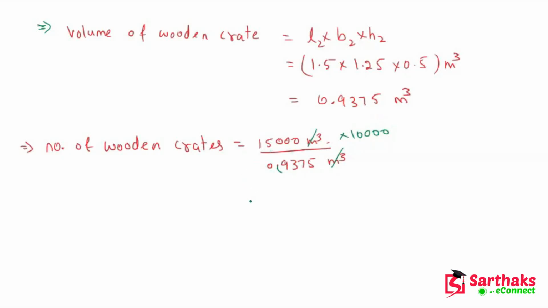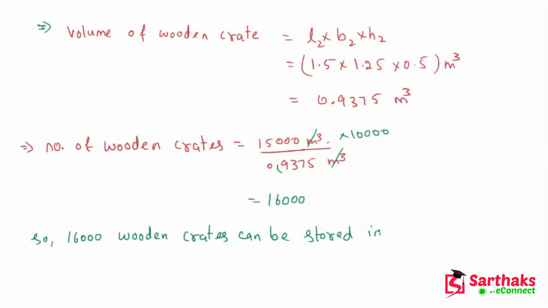Now after solving this, here we get 16,000. It means 16,000 wooden crates can be stored in the godown. Okay, I hope my dear friends you understand these things. So this is the answer of the question.